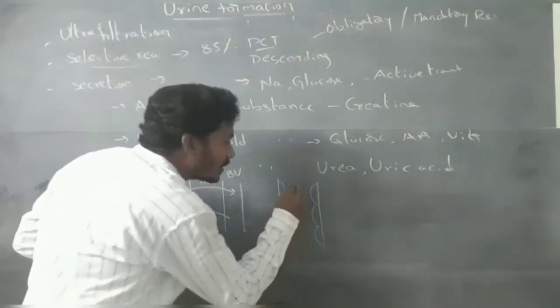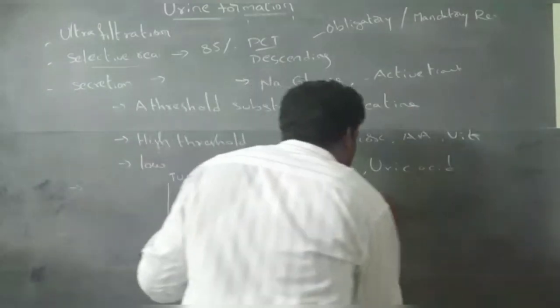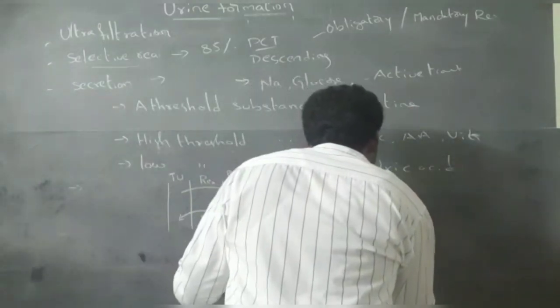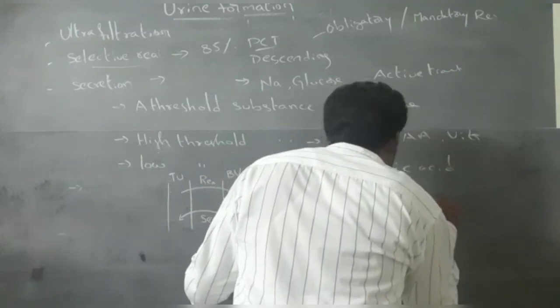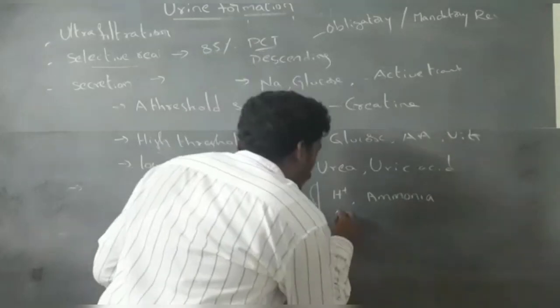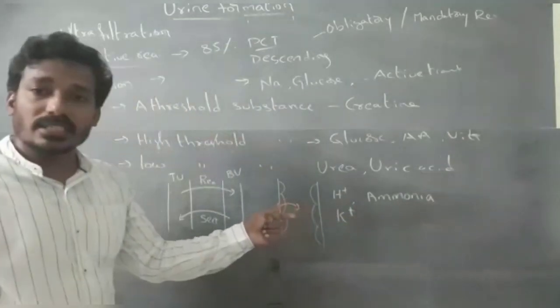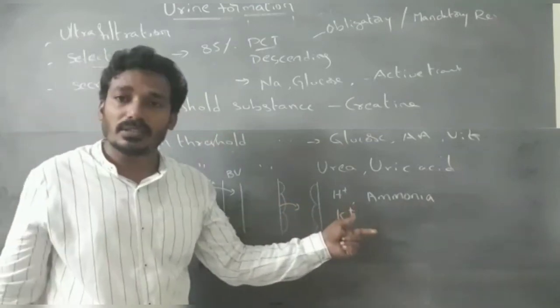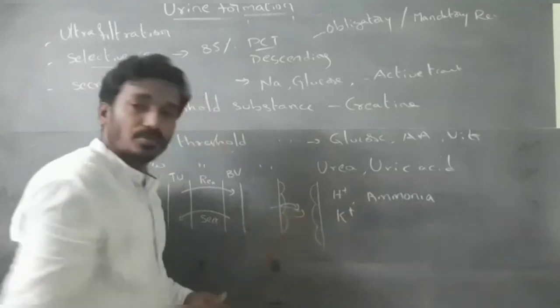These secretions are H plus ions, ammonia and potassium. They are secreted into the lumen of the tubule.